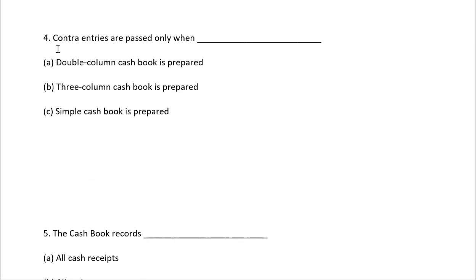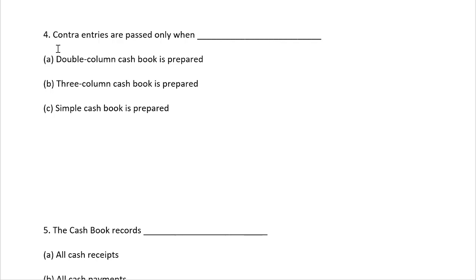Let's see question number 4. Contra entries are passed only when double column cash book is prepared, 3-column cash book is prepared, or simple cash book is prepared. Students, you should understand one thing over here. Answer can't be C because there is no bank account. Here only cash account is there.